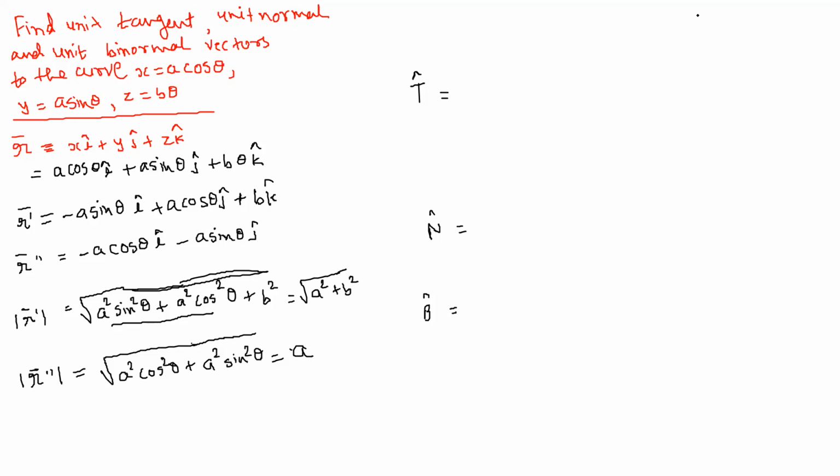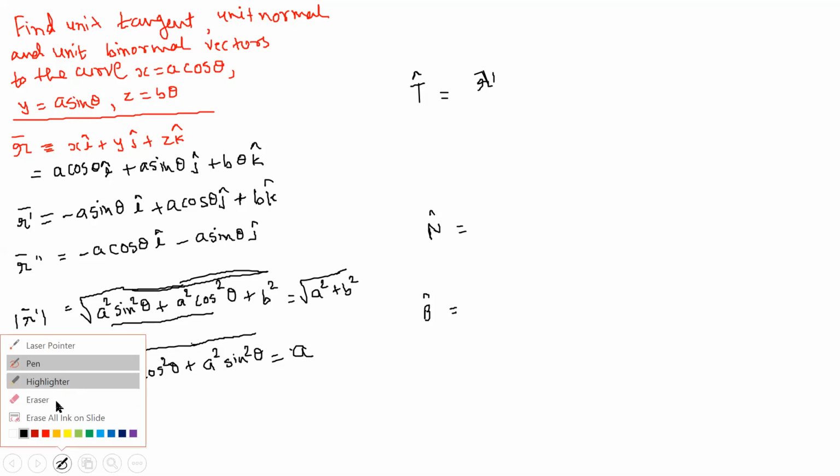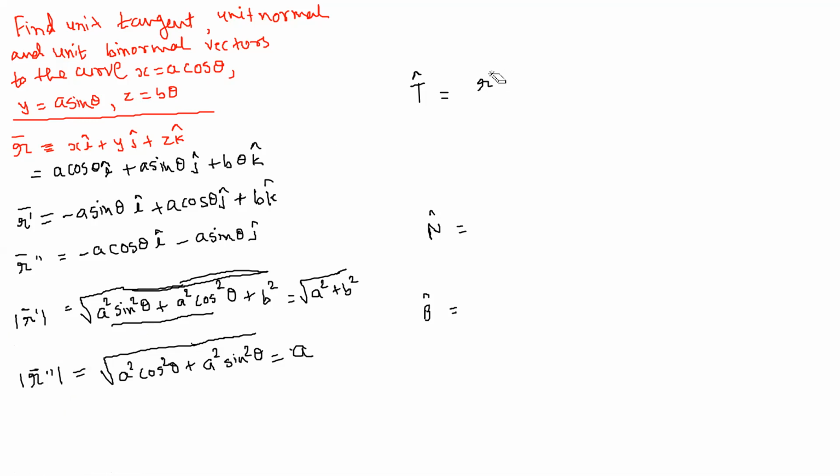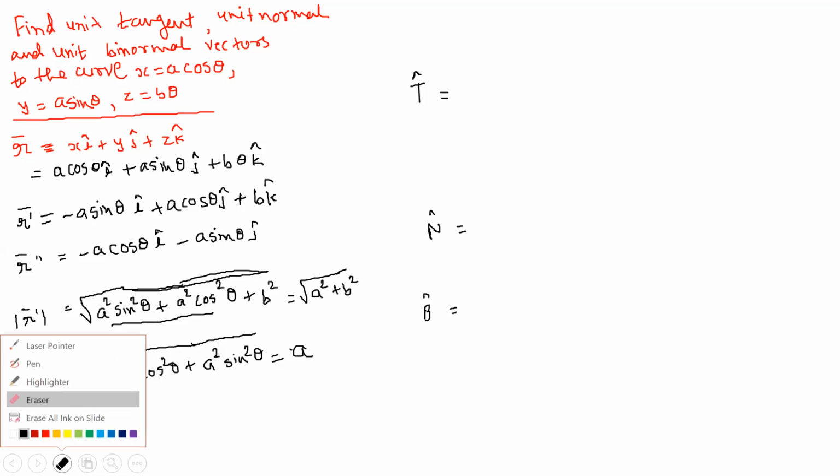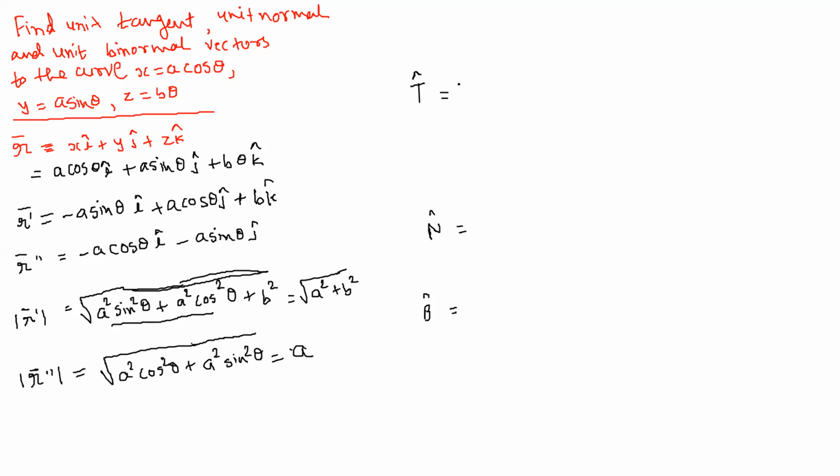Daria, what is tangent formula? Yes, ma'am. R dash upon mod R dash. Very good. Formula is r bar dash upon mod r bar dash. What is r dash, Daria?